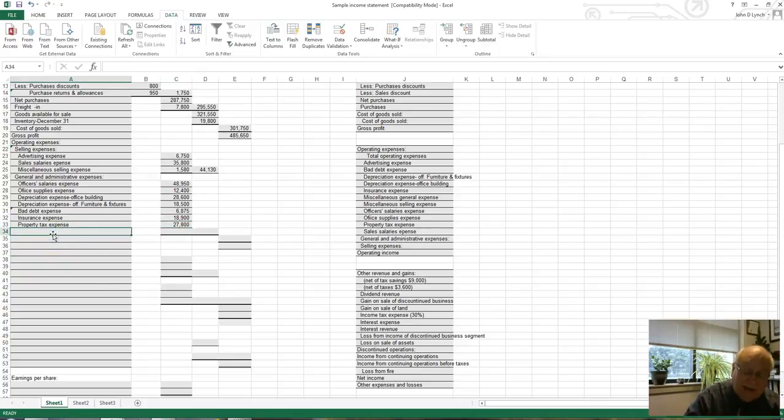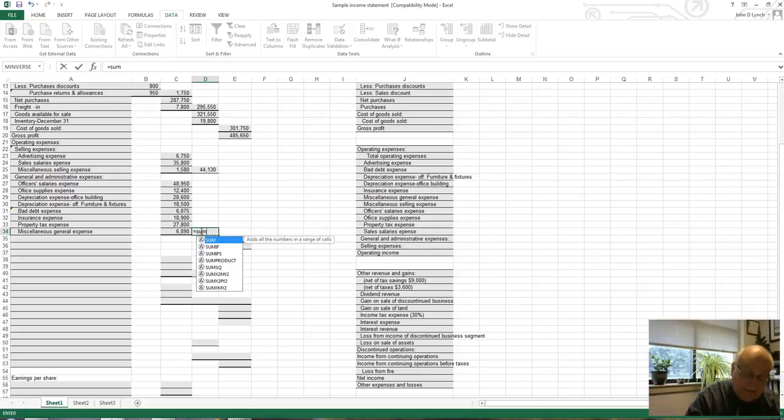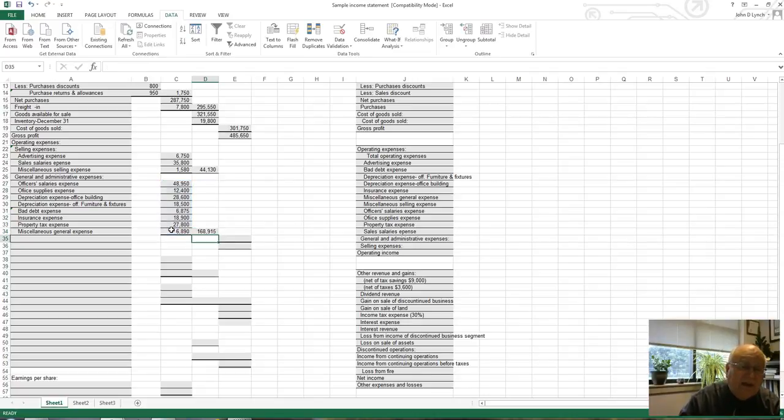And then of course the last one, always the last one, is the miscellaneous general expenses, which will be $68.90. Now, you add all those up. So all the way from the $48,900 plus the $12,400 plus $28,600, $18,500, $68.75, $18,900, $27,800, and $68.90 for a total of $168,915.